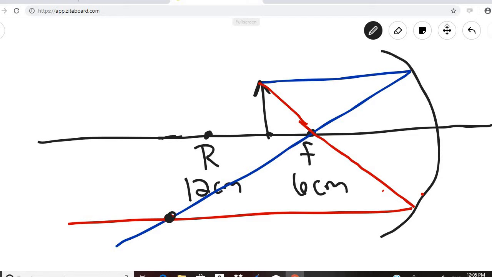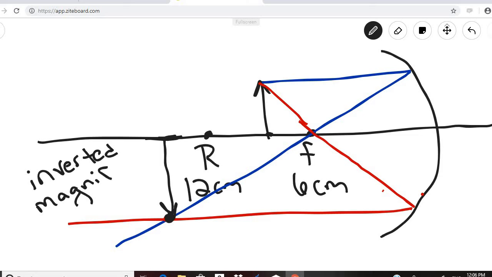So if this is the bottom, then the image that we see is going to be inverted. So this is the bottom, so this would be the top down here, and it would be magnified. And because the lines actually intersect in front of the mirror, it would be a real image.